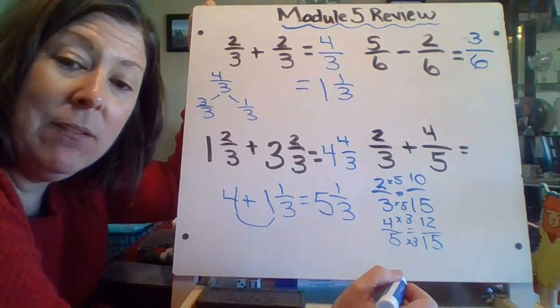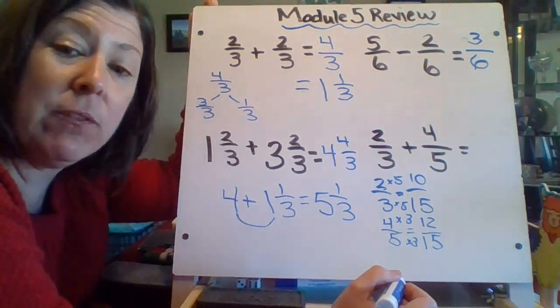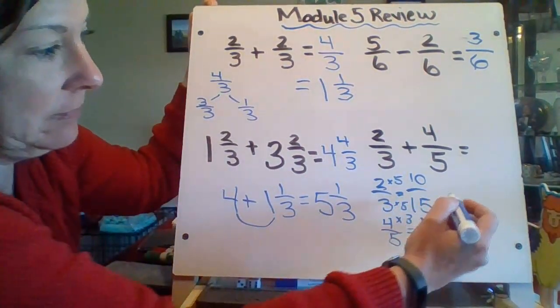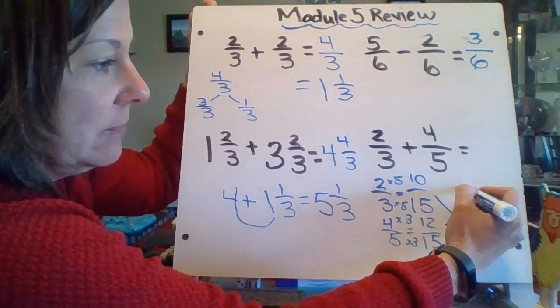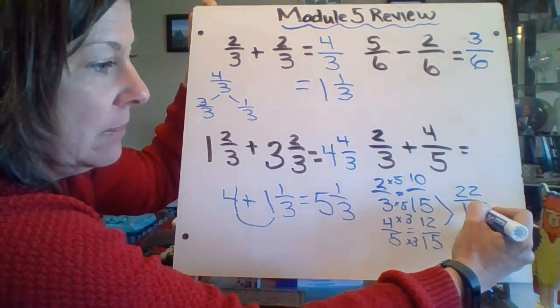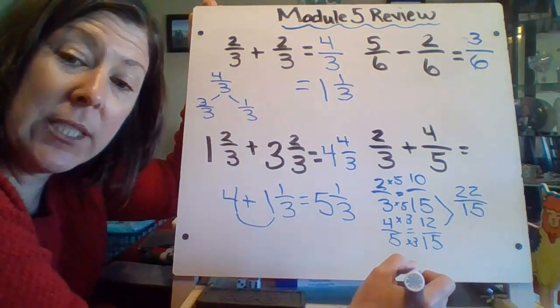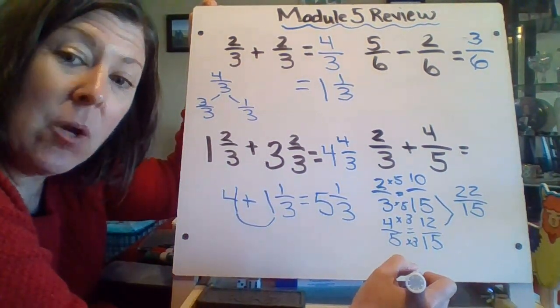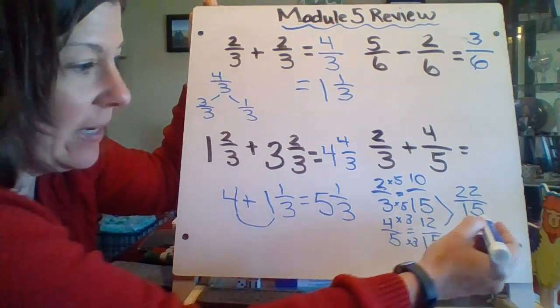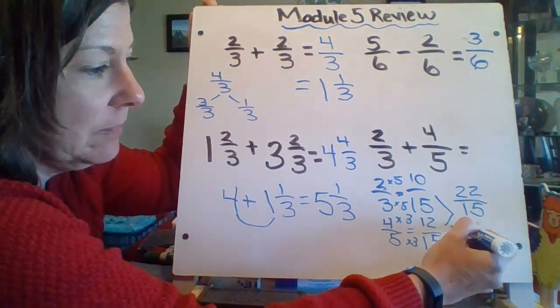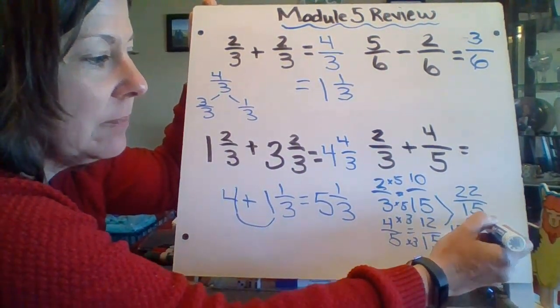And then 10/15 plus 12/15 gives me 22/15, which is an improper fraction.